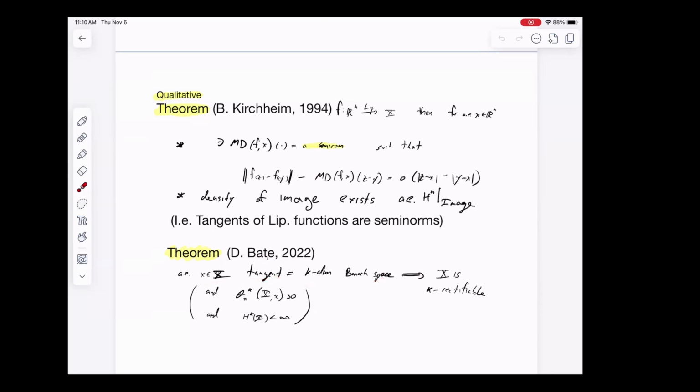This idea of having a tangent almost everywhere, and this tangent being a Banach space, is a characterization of rectifiability. Notice that this theorem has two conclusions, one about metric derivatives, so Banach space tangents, and another about density. In the converse direction, I never mentioned density. This is something that I will talk about later today.